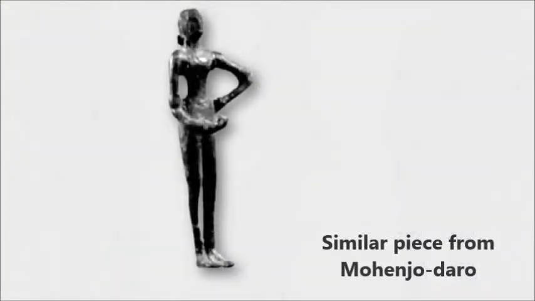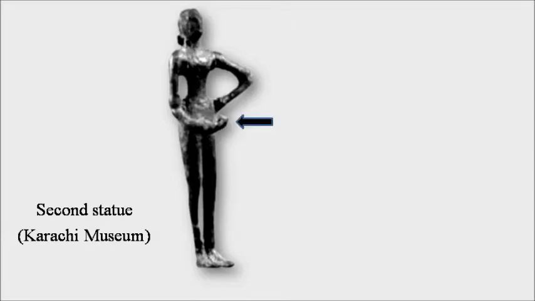A very similar piece from Mohenjo-daro, also small and corroded, also shows a girl and now is preserved at Karachi Museum. Here it is the right hand which would have held something, and the left is loaded with bangles.